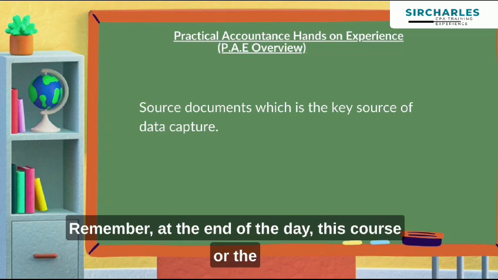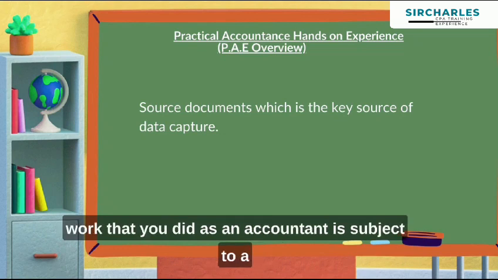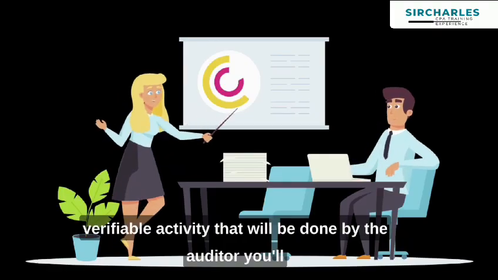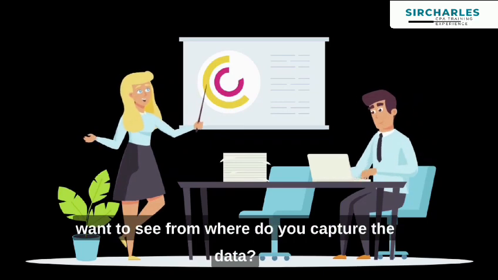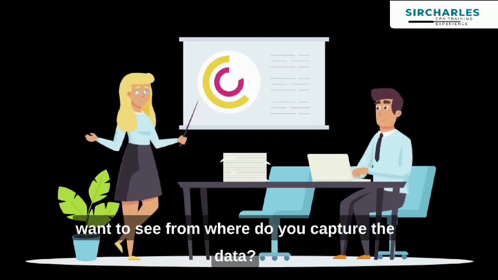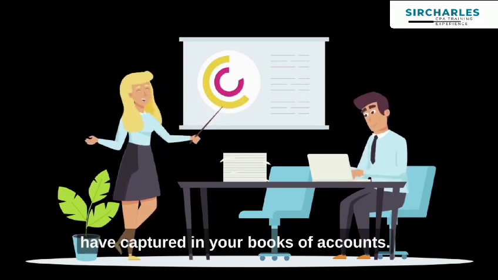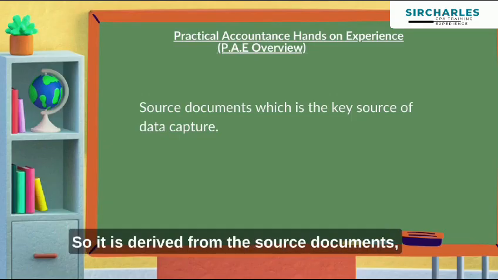Remember, at the end of the day, the work that you do as an accountant is subject to a very vital activity that will be done by the auditor. You'll want to see from where you capture the data, evidence of that data which you have captured in your books of accounts. So it is derived from the source documents.